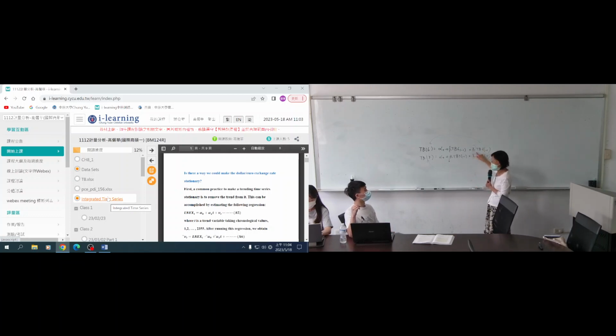Therefore it's just the coefficient of this. Then vice versa, I put TB3 as Y, then check whether TB6 will Granger cause 3. So I'm looking at this coefficient only.